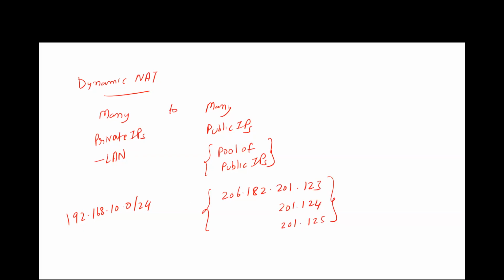Now, whenever there is a request coming from one of our LAN computers, the firewall will take a public IP address from this pool, do the NAT translation, and send it to the internet.